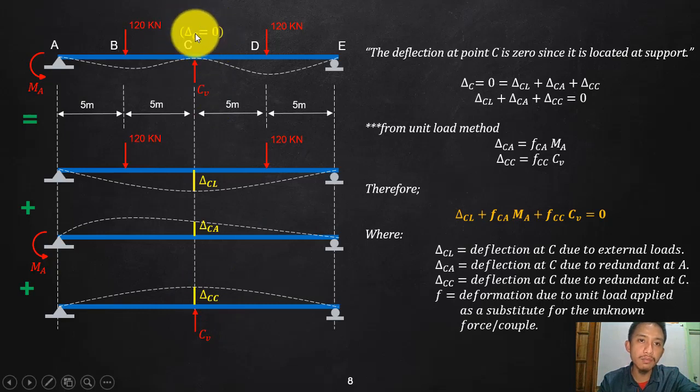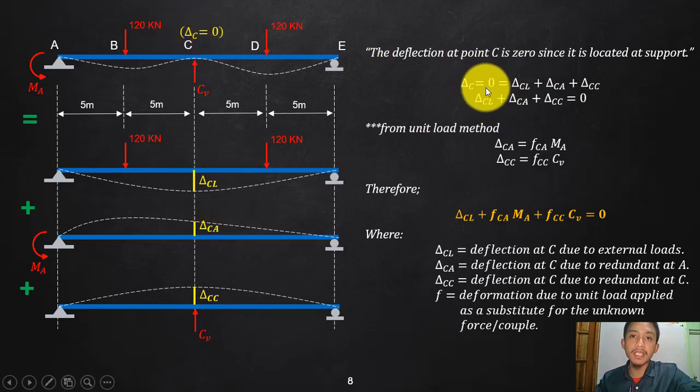Why? Because that should actually be zero deflection, because originally there is a roller here. So if I summate all these deflections of these three cases, then that should end up to zero.